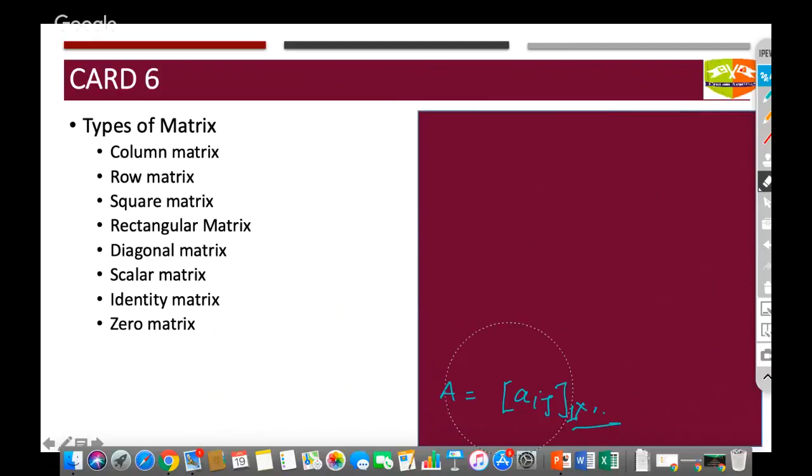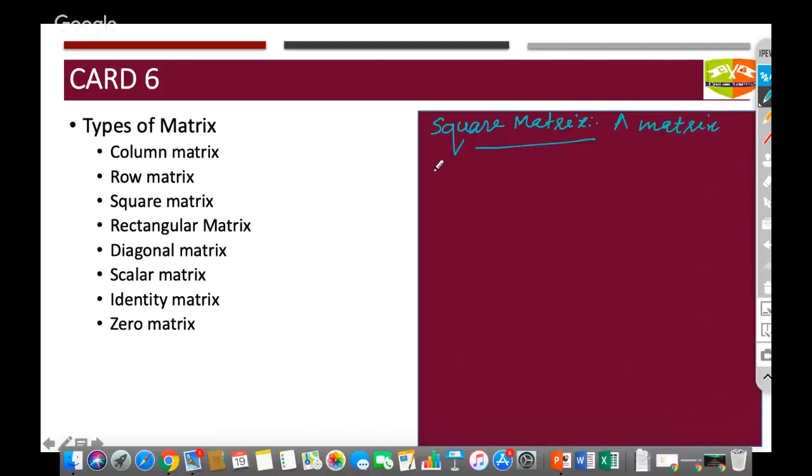Now let me go to square matrix. Just for the sake of definition, a square matrix is a matrix which has the same number of rows and columns.